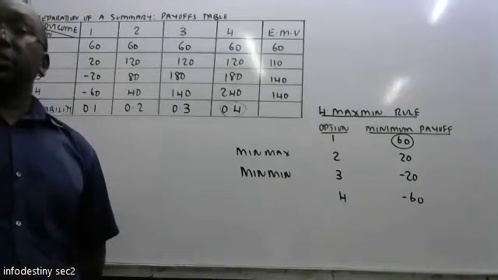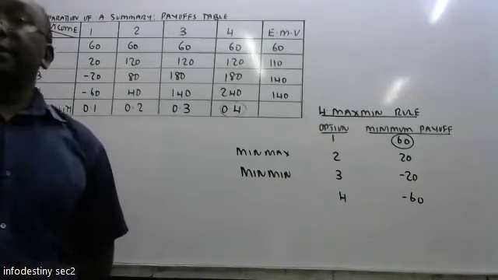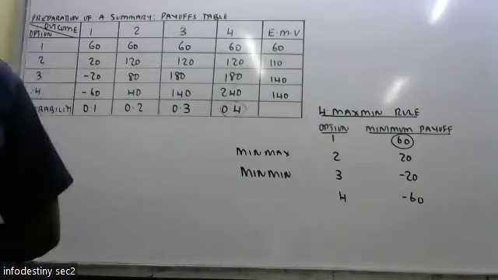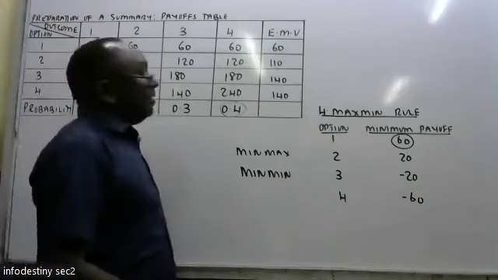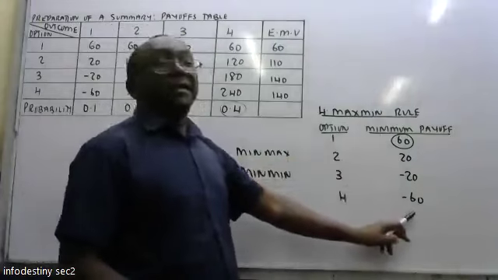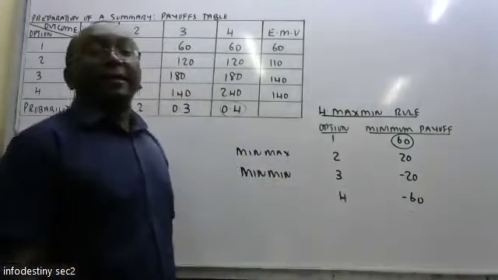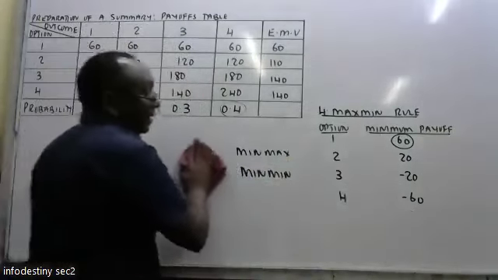Minus 20 is smaller than minus 16. So the minimum of these minimums is this one. That's the lowest.